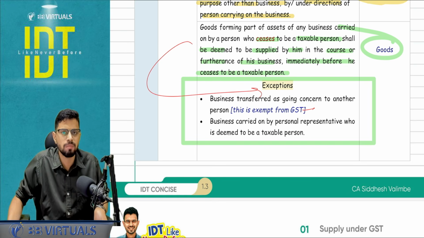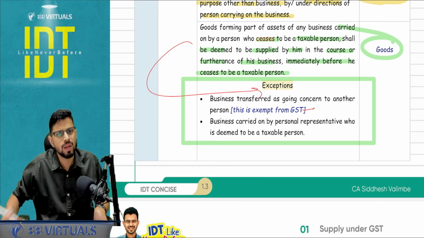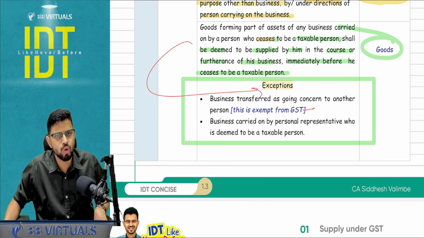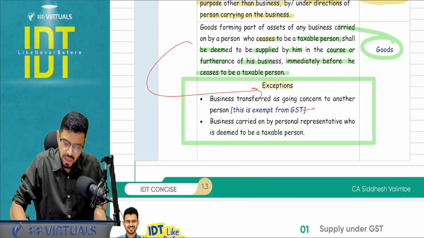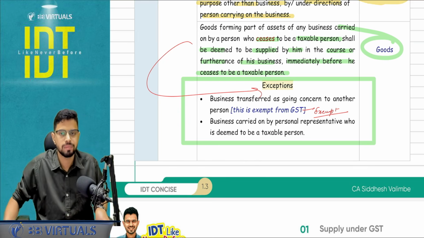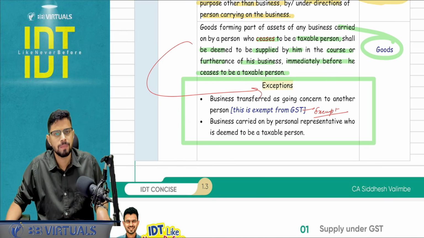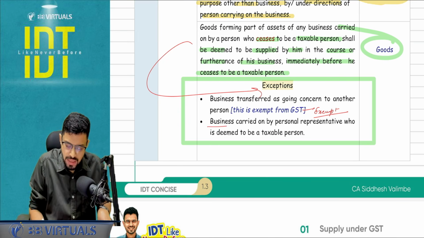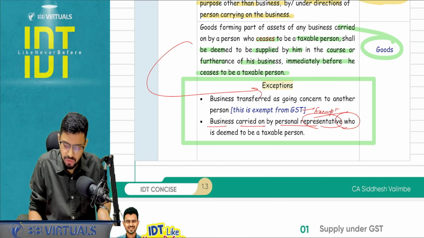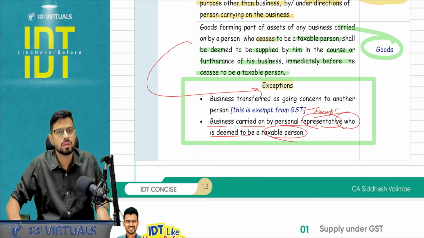It will not be a deemed supply. The other person will carry on the business. He will sell the assets in due course and he will pay the share of GST. So this is exempt from GST. Or the business is carried on by the personal representative who is deemed to be a taxable person.